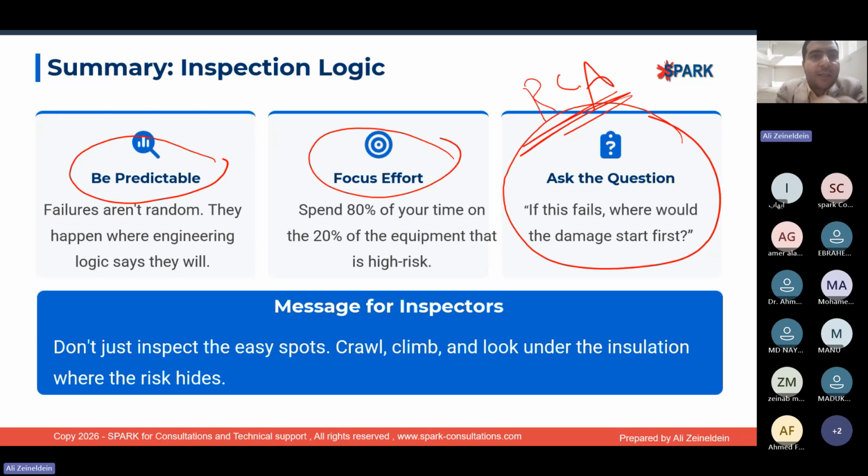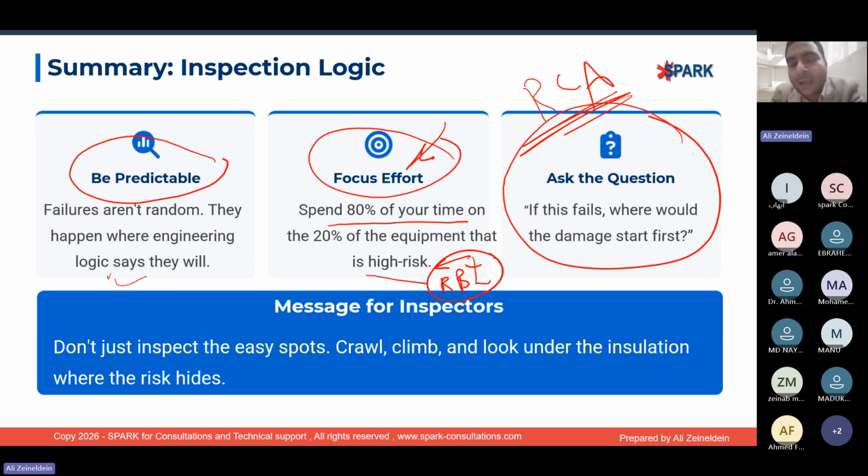Predictable means failures do not happen randomly, but have some logic. Then we have to focus our effort on area and time, meaning time and location and the high-risk equipment, as we discussed before. This comes from the RBI plan.